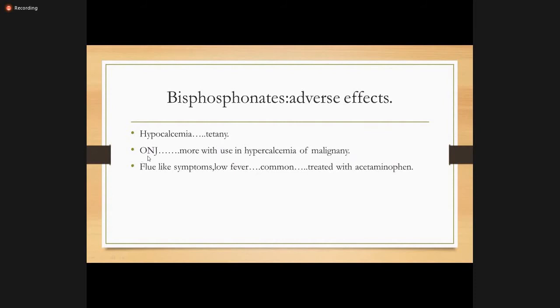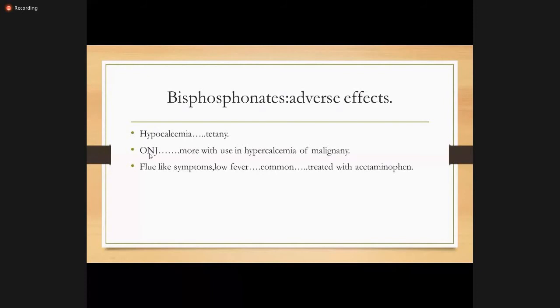Then osteonecrosis of the jaw was a concern, but data regarding this is more in the patients who are treated for hypercalcemia of malignancy, because bisphosphonates are also used in hypercalcemia of malignancy apart from osteoporosis. So the majority of the cases reported are those treated for malignancy.